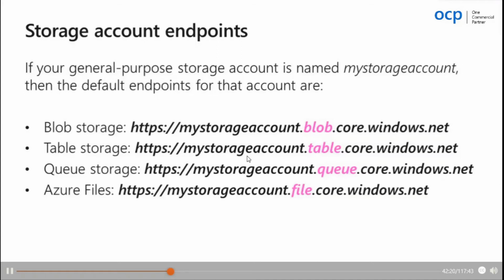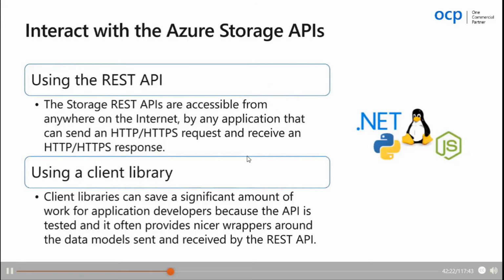Now, how do I interact with the Azure Storage API? I can use the REST API directly. If you're in .NET, you can just create an HTTP client object and start using that object to do HTTP calls. If you're in JavaScript, Python, Java, etc., there is a corresponding one for the same thing.